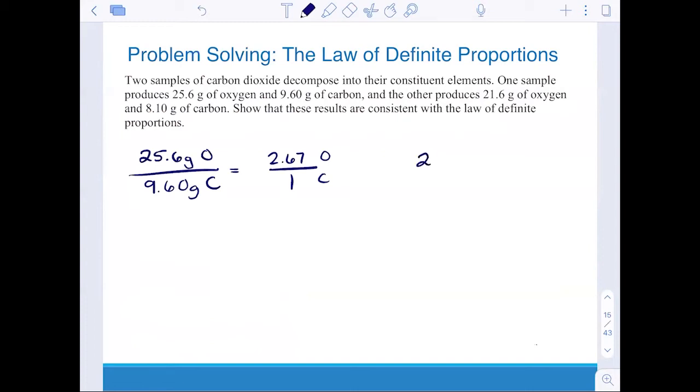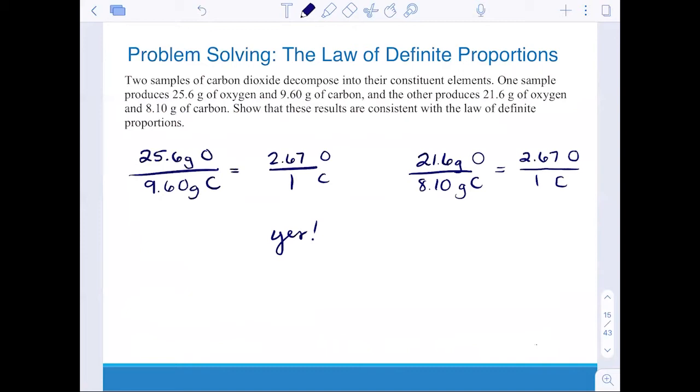Let's do it again. 21.6 grams with the other sample, 8.10 grams of carbon. And what we can see in that ratio is the same exact 2.67 of oxygen over 1 carbon. That ratio is consistent. Yes, law of conservation or law of definite proportions there.